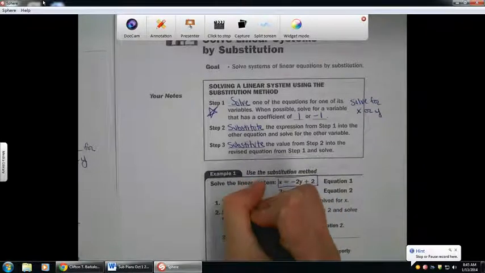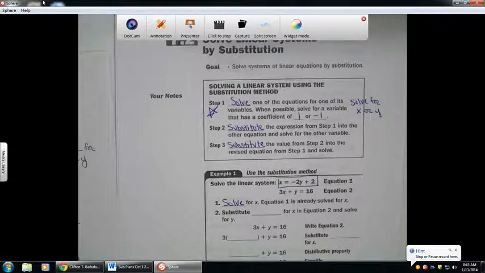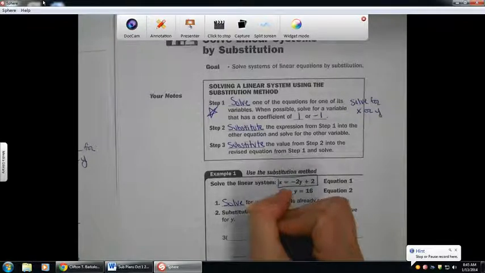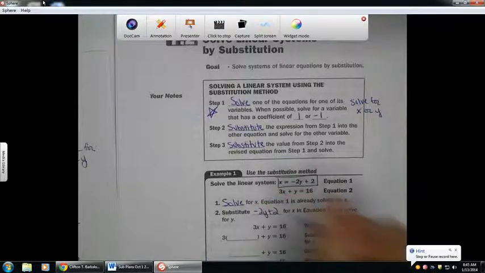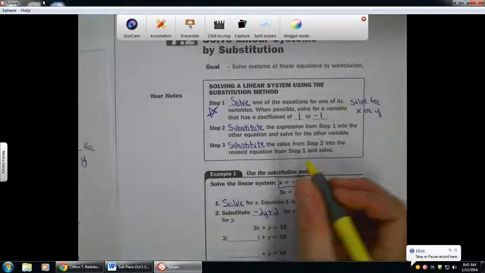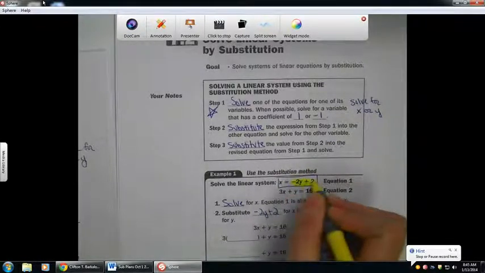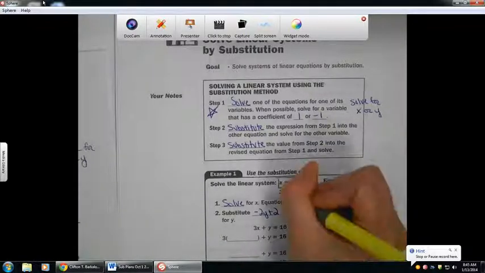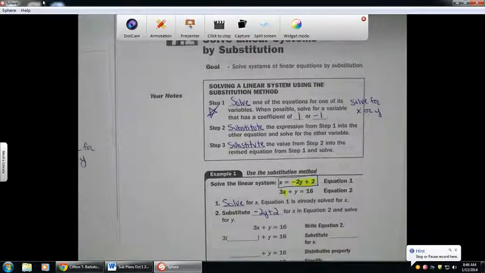Okay, so our first equation is already solved for x. We're going to substitute negative 2y plus 2 for x in the second equation. So let's go ahead and do that. I'm going to highlight. We are taking what x is equal to, negative 2y plus 2, and we're going to substitute it in for x into the second equation.